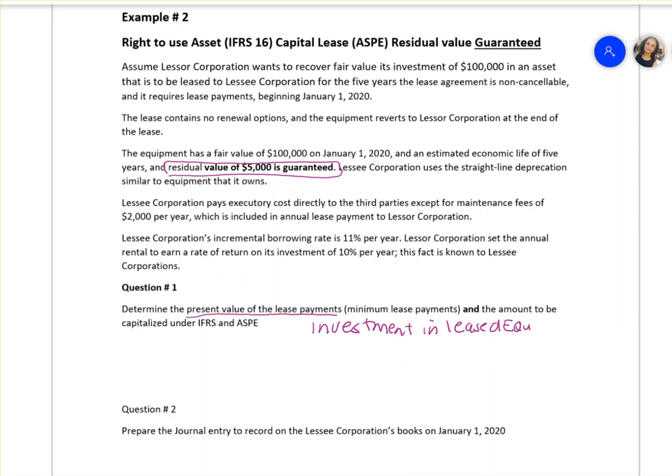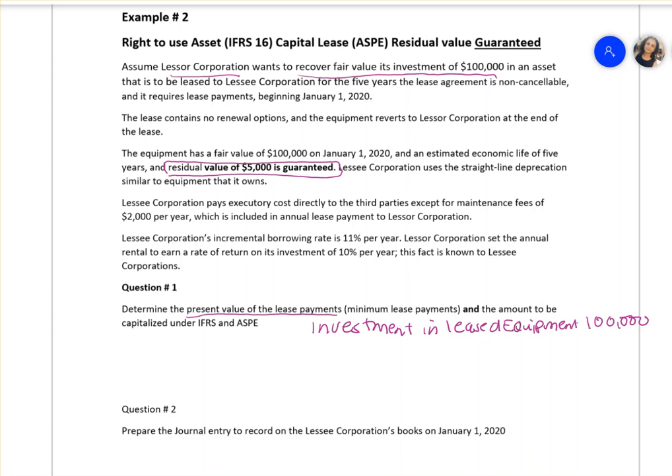The lessor made an investment of 100,000. That's what the lessor company wants to recover, the fair value of the investment. The investment they made was 100,000, so they're going to recover that. But they are promised that the residual value is guaranteed.